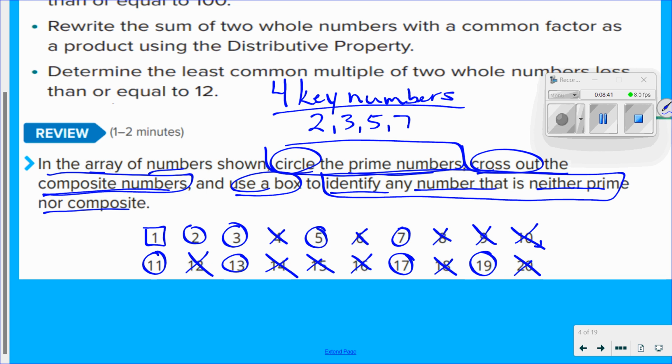Can I divide 15 by 2? Can I divide it by 3? Yes, 3 times 5. That tells me automatically that's a composite number. What about 19? Can I divide 19 by 2? No. Can I divide it by 3? By 5? By 7? If I say no 4 times, that means it's a prime number.